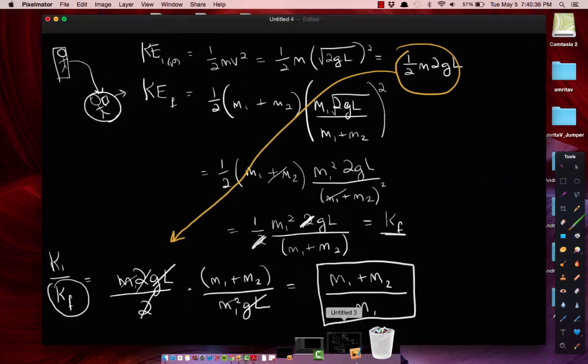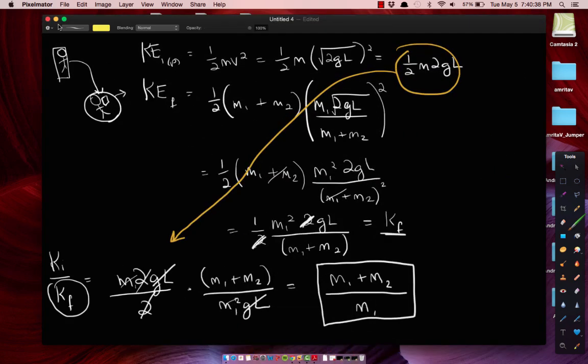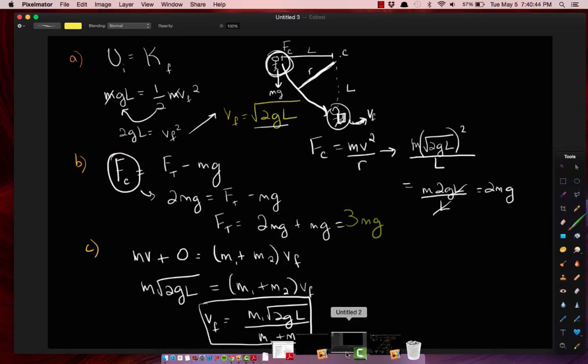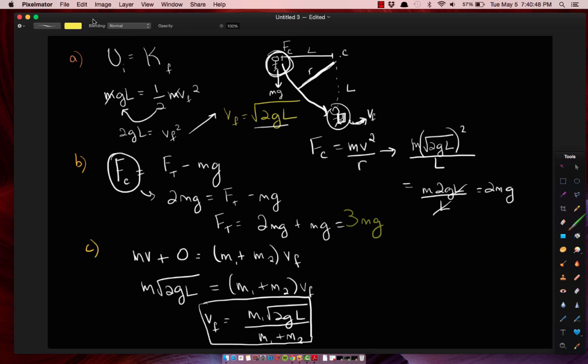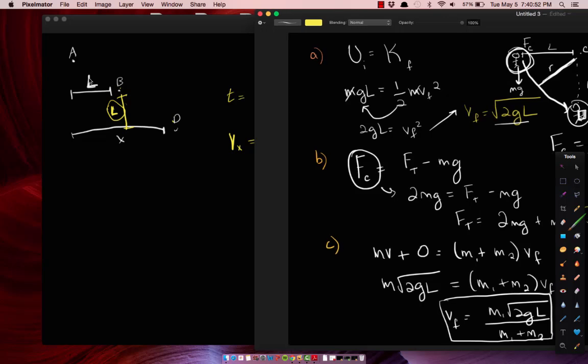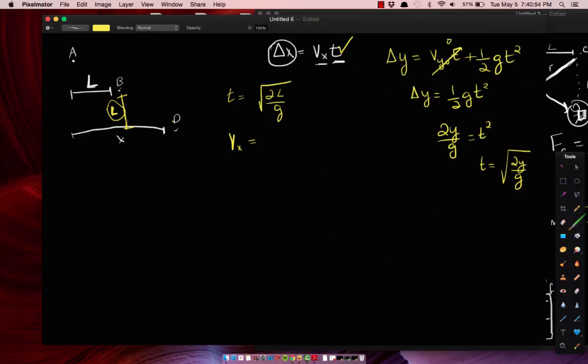For vx, we're going to use one of our previous equations that we found. Let me find it. We're going to use the equation of the final velocity of the person and the mass on the rock together, because we're taking the distance from B to D, and at this point the rock and the person are already together.